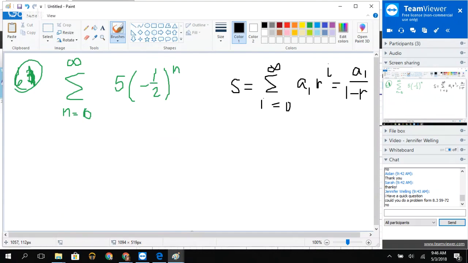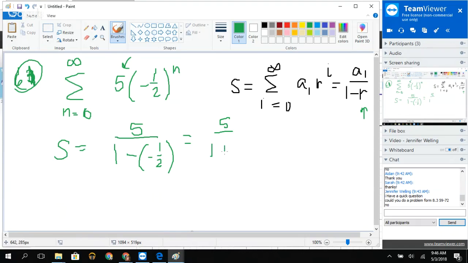Okay, so in this particular case, our first term is 5, right? So if I wanted to find the sum of this series, I'm going to do 5 over 1 minus my ratio, which is -1/2. So it's going to be 5 over 1 plus 1/2. So now it's just a matter of doing 5 over 1.5.